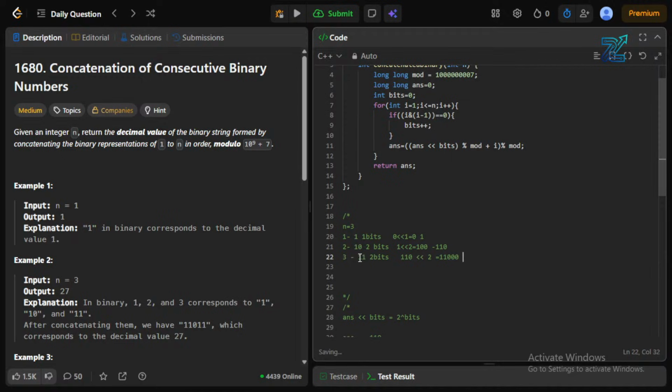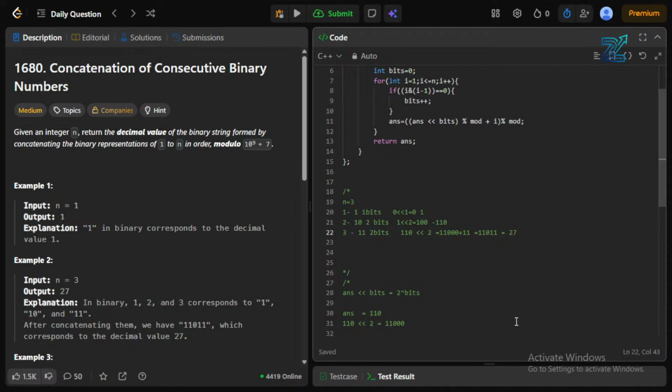Then the binary of 3 is 11, so 11000 plus 11 equals 11011. Finally we have 11011. This represents 27, right? If we calculate binary to decimal, we will get 27 for this binary representation.